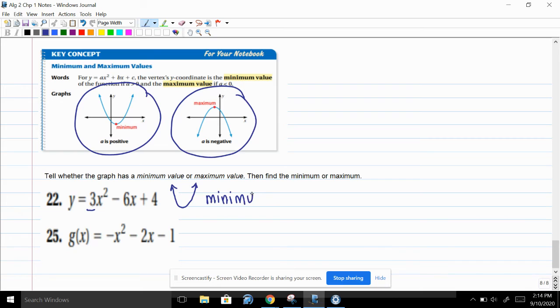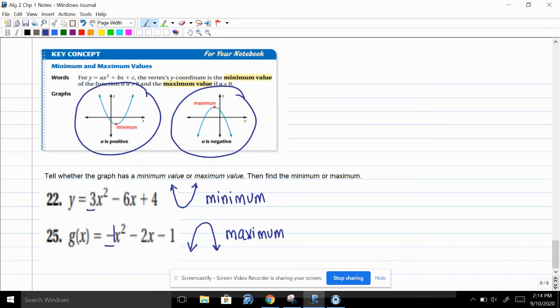That means it has a bottom. In number 25, your a value is -1. Since it's negative, you would have a parabola that opens down, which means it has a top, which would give it a maximum. Now, to find exactly what the minimum and maximum are, you would find the vertex.